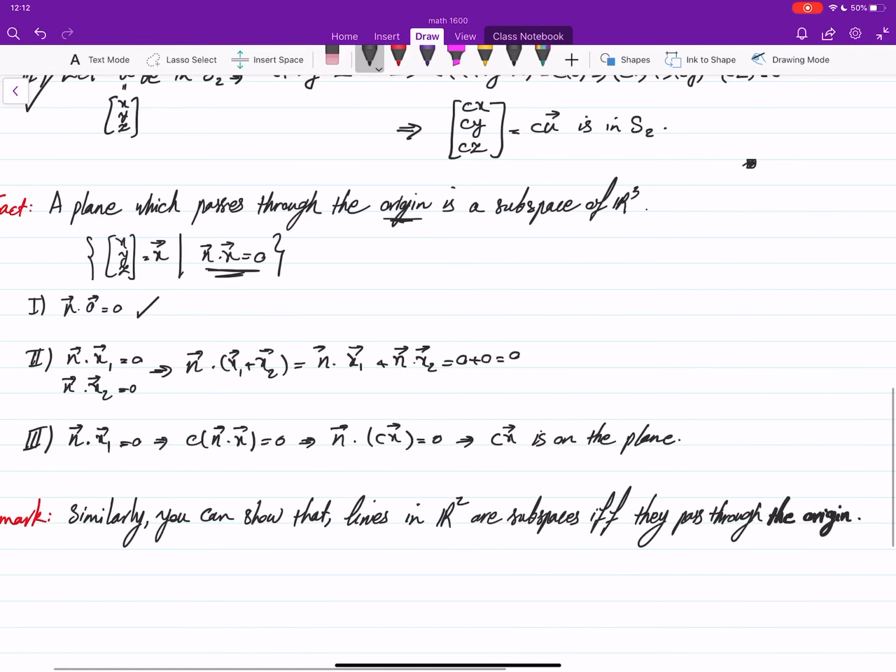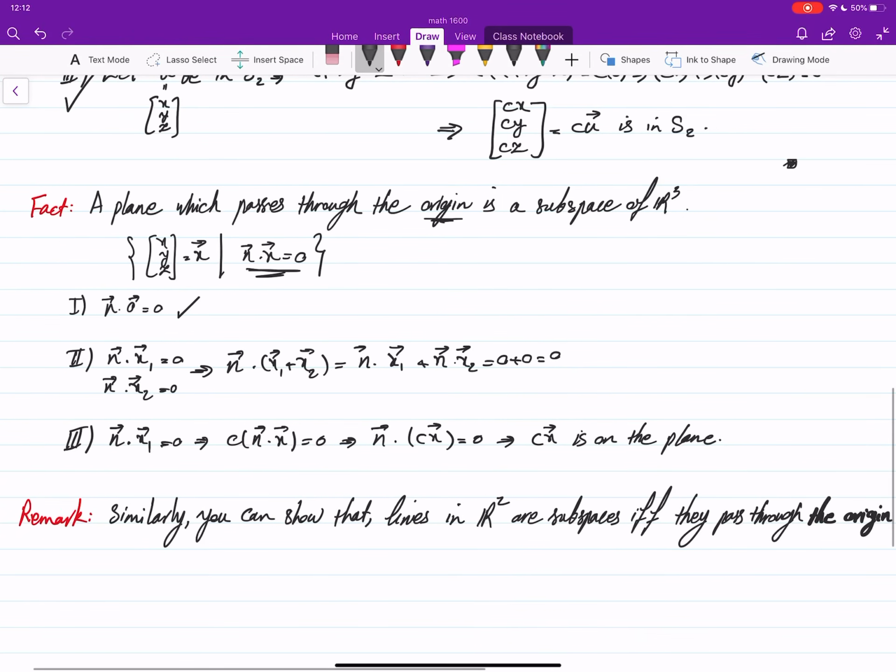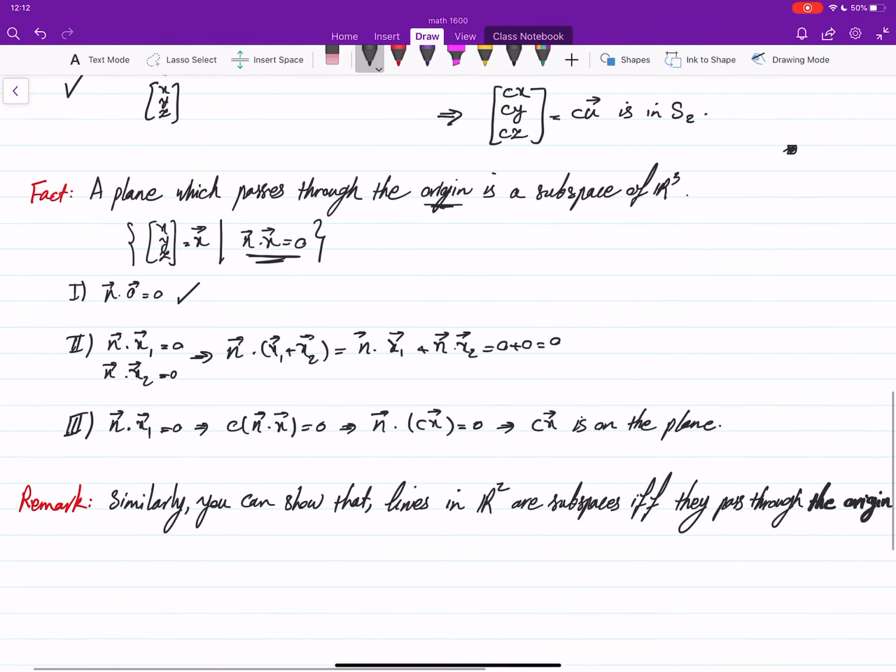So as soon as they pass through the origin, they will become a subspace. There are other lines definitely, but not all of them are subspaces. Only the ones which pass through the origin.